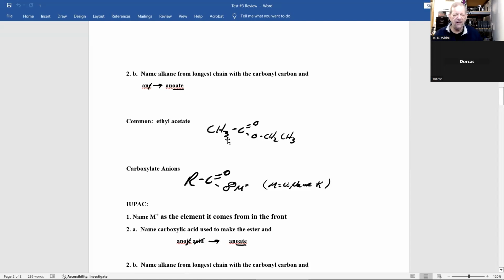Now, there's only one common ester I asked you to learn. Nobody ever calls this ethyl ethanoate. It's called ethyl acetate. And remember, that's the key ingredient, the main ingredient in one type of nail polish remover. For many, many years, that was the main nail polish remover.